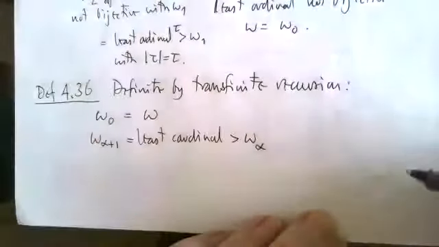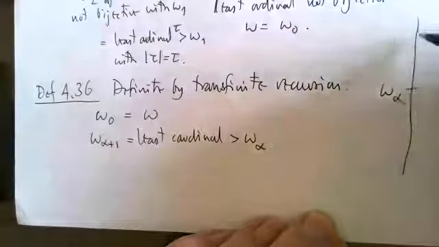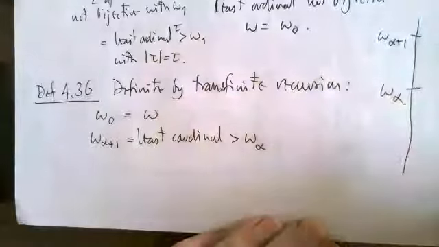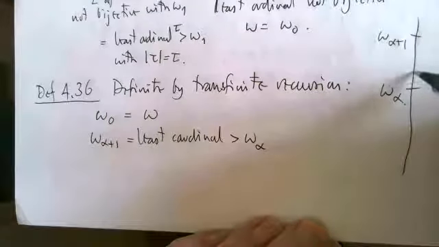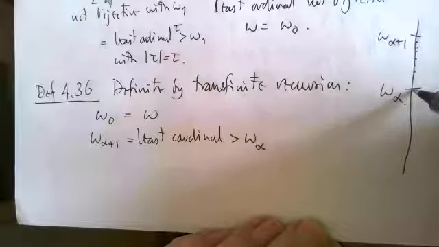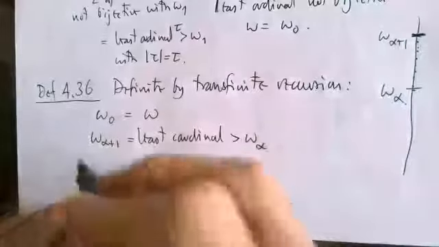So if I were to zoom in on this picture higher up, I'd have omega sub alpha here, and I'd have some omega alpha plus 1, the very next cardinal. So all of these ordinals in between, their cardinality is omega alpha. But then we reach one which I can't biject with omega alpha.